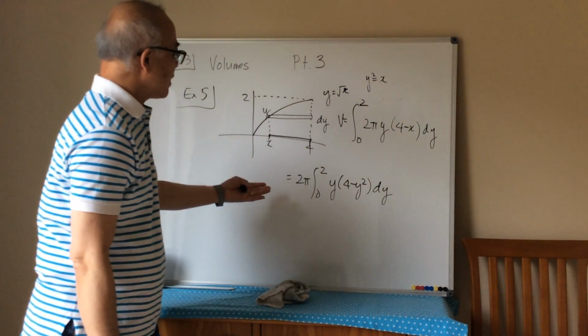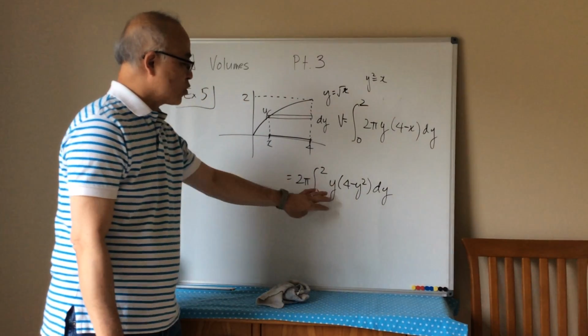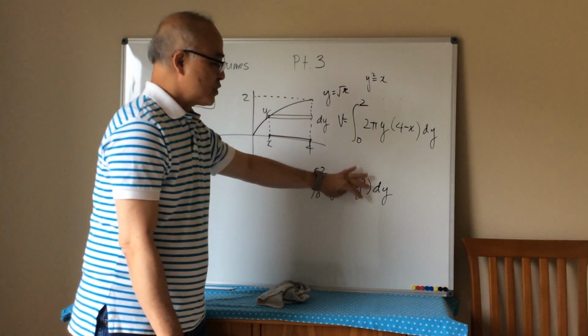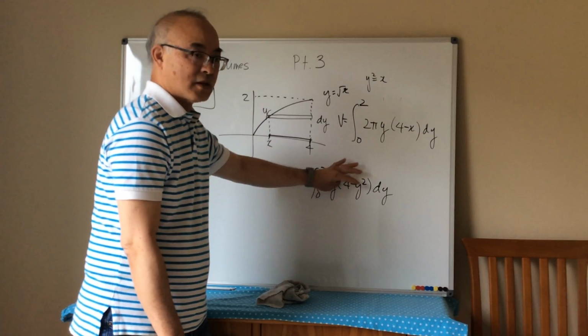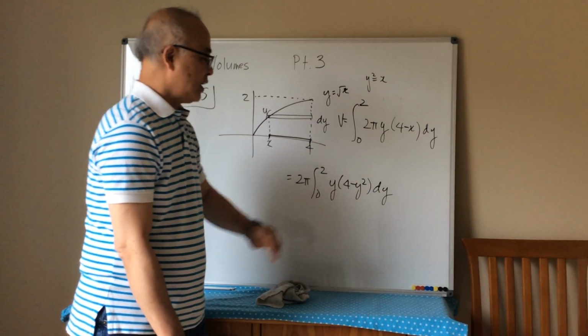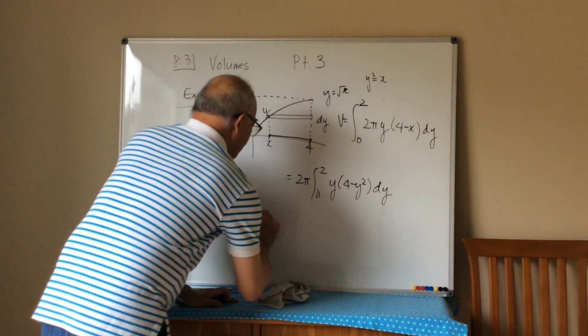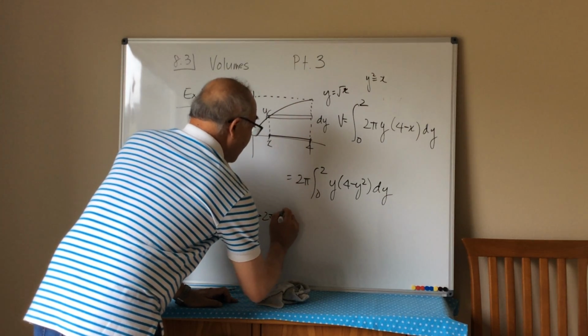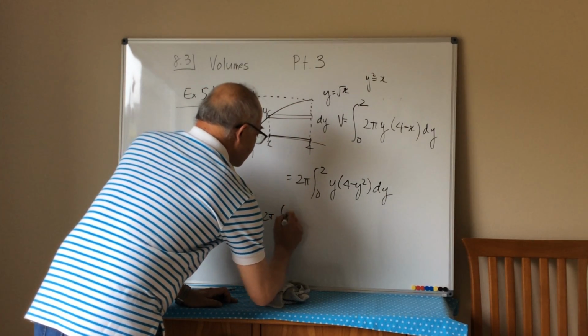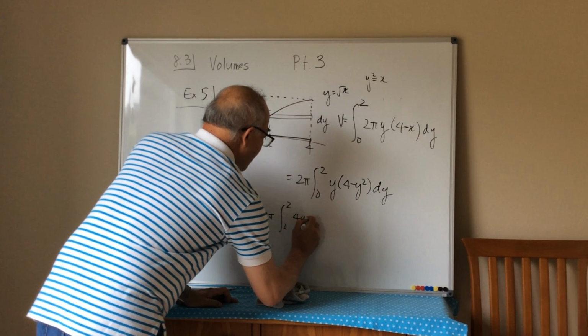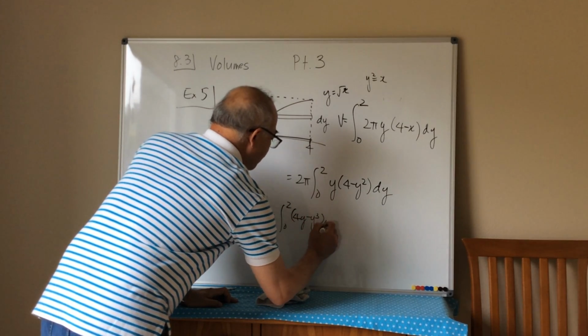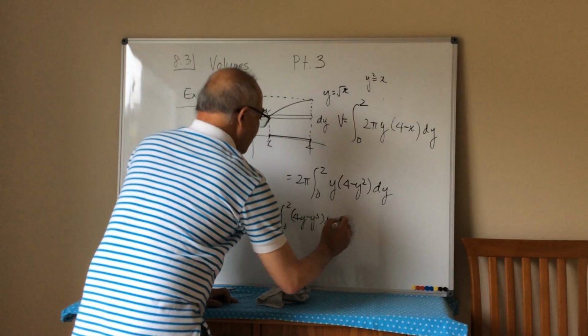Notice one thing good about the cylindrical method is that you're not squaring anything in here, so you tend to get a simpler integration. So we're going with 2 pi, 0 to 2, 4y minus y cubed dy.